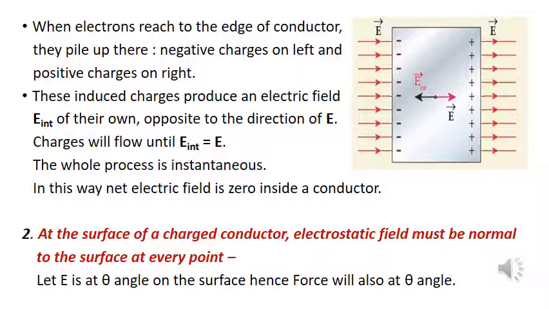Charges will flow until E internal will become equal to E external, and this process occur, that is motion of electrons from right face of the conductor to the left face and piling up there, occur until the internal induced electric field will become equal to the external electric field, and hence the net electric field in that situation will become 0, and now no charges will move inside the conductor.